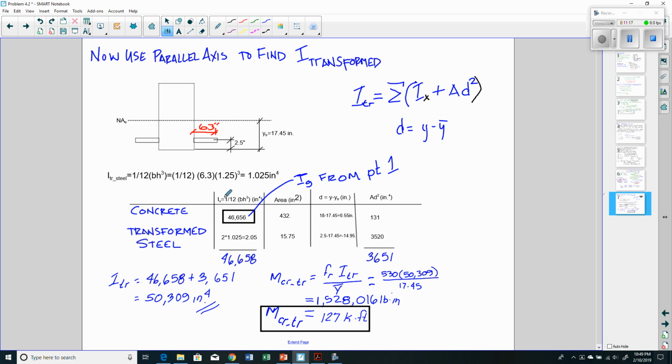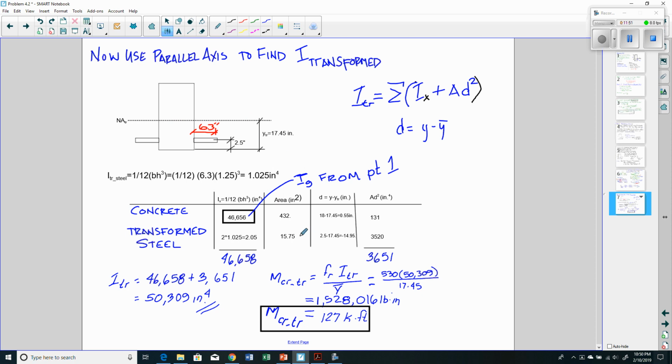So when we look at our moment of inertia about its own neutral axis, the total is going to be 2.05. And notice that the gross for the concrete section is just the moment of inertia of the gross section. That's what we used from part 1. So our total moment of inertia about their own neutral axes is equal to 46,658. Then we want to take the distance squared times the area from the transform section neutral axis.